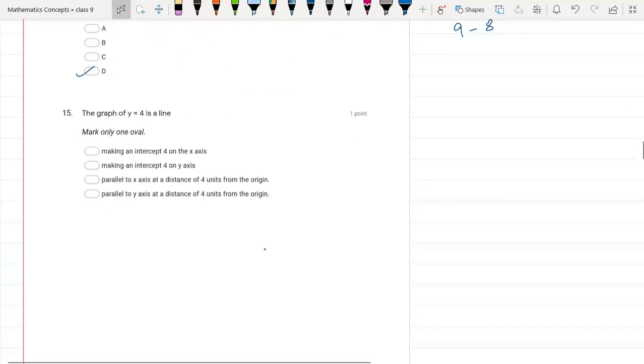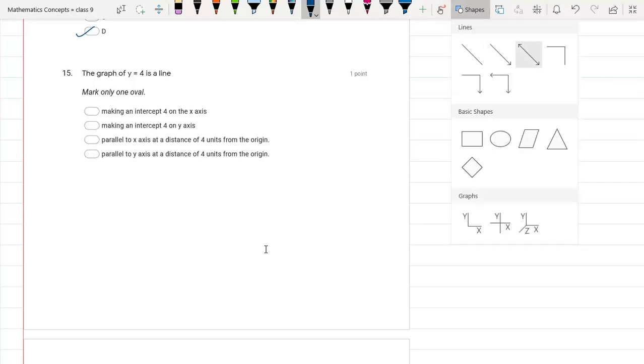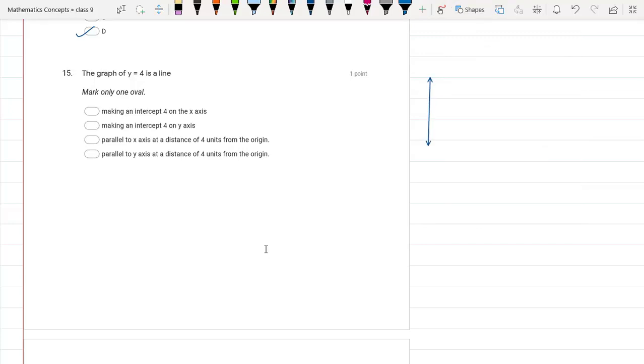Question 15. The graph y is equal to 4 is a line. We all know the equation of the x-axis is y equal to 0.